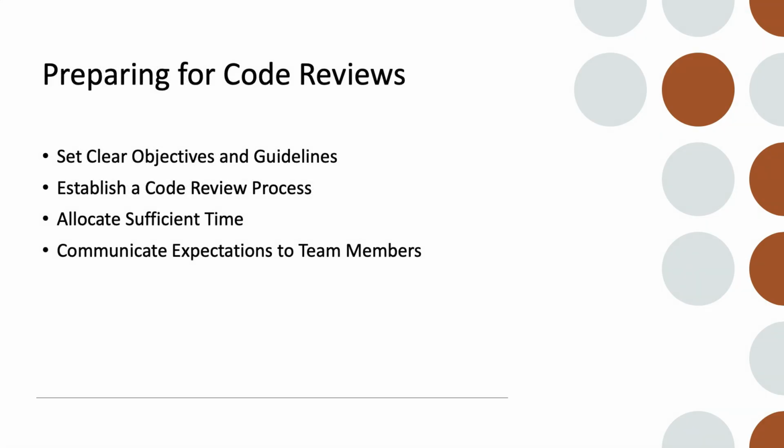Effective code reviews begin with proper preparation and planning. It is essential for teams to establish clear objectives and guidelines for the code review process, outlining what aspects of the code will be evaluated and what criteria will be used to assess its quality.